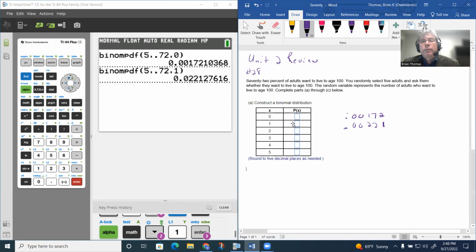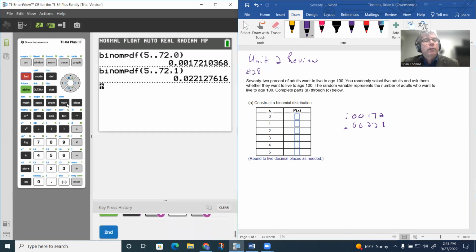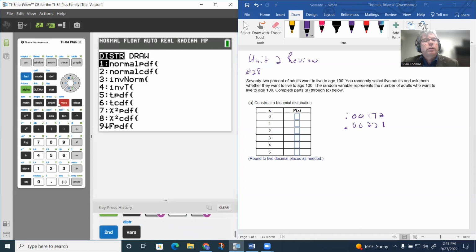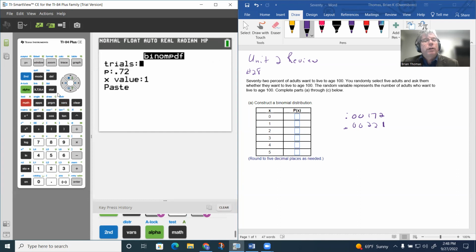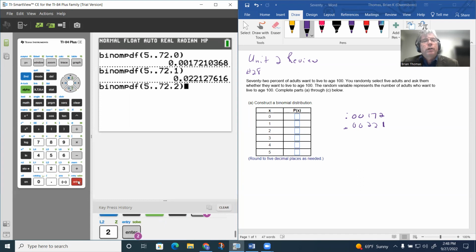So if I want to do now the 3 or the 2 rather, we do the same thing. Second distribution, alpha A takes me down to where it is, 5, 0.72. This has got to change to a 2. Hit enter, paste, hit it again.